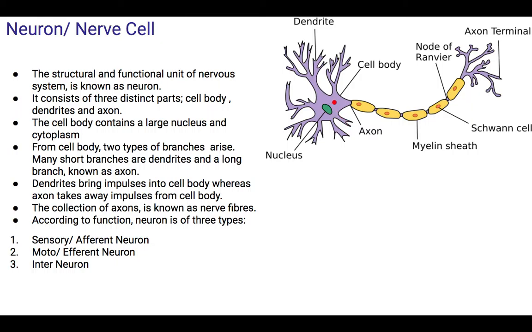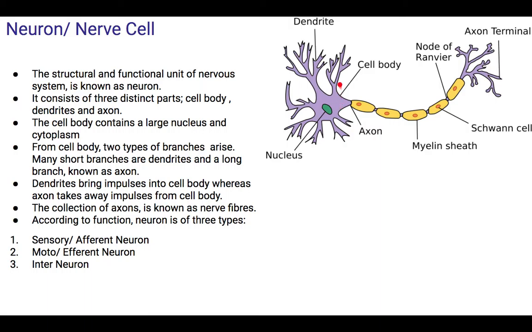It is a thread-like structure, and it consists of three distinct parts. This part is called the cell body, and from the cell body two kinds of branches arise: short branches called dendrites, and one long branch called the axon. The cell body has one distinct nucleus along with the cytoplasm.